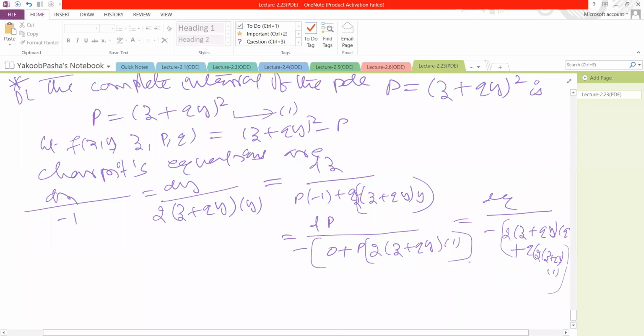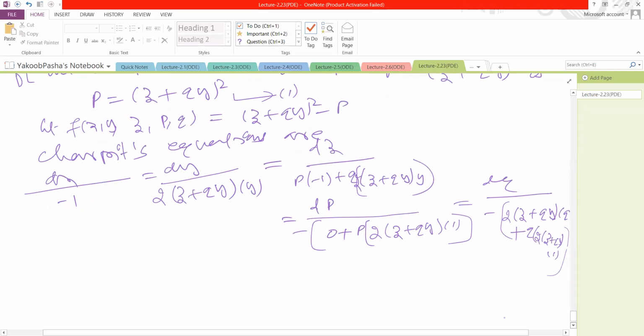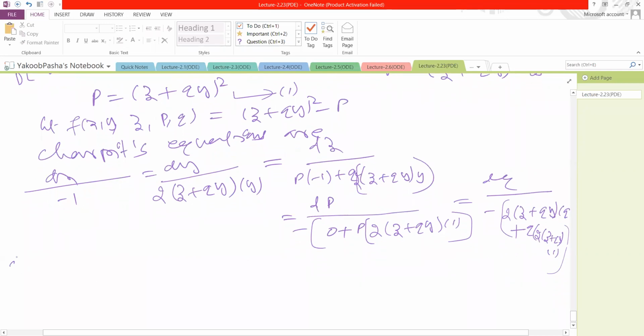Now I'm writing the equations. dx by minus 1 is equal to dy by 2y into (z plus qy) is equal to dz by minus p plus 2qy.